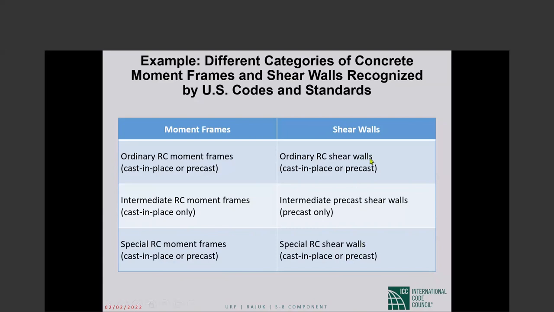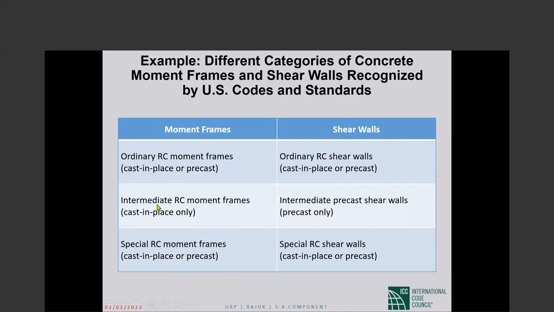Shear walls, we have ordinary shear walls which can be cast in place or precast. Ordinary shear walls can be used in design category C. There is no intermediate shear wall that is cast in place. There is an intermediate precast shear wall that you would use in design category C. No cast in place intermediate shear wall, but we have precast intermediate shear wall.